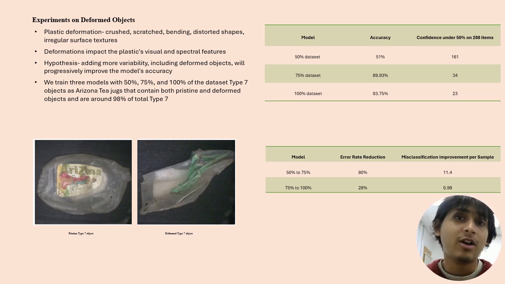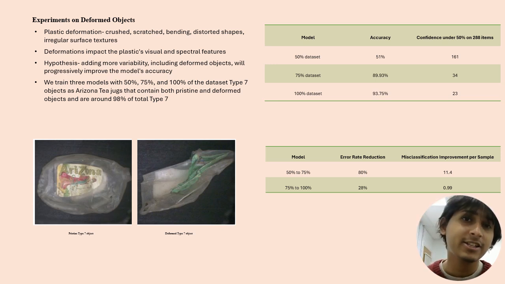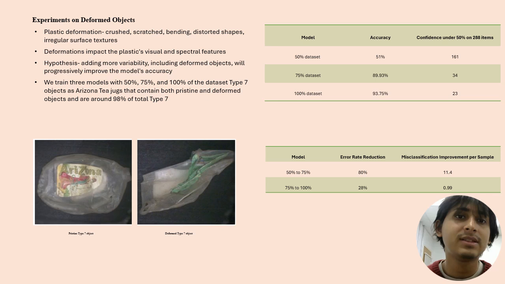The model trained on 50% of the dataset resulted in only 51% accuracy on unseen data. Expanding the dataset to 75% improved accuracy significantly to 89.93%, while using the full dataset further increased accuracy to 93.75%.